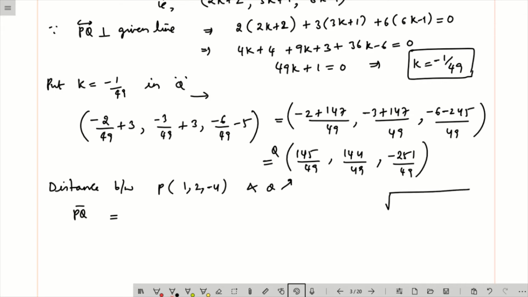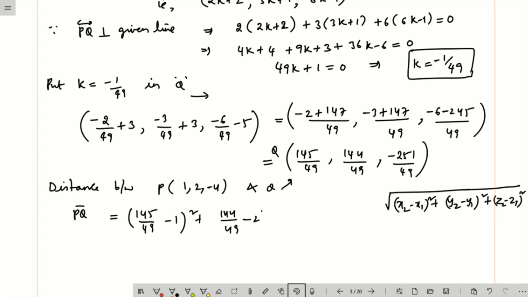So using the distance formula, we get (145/49 - 1)² + (144/49 - 2)² + (-251/49 + 4)².